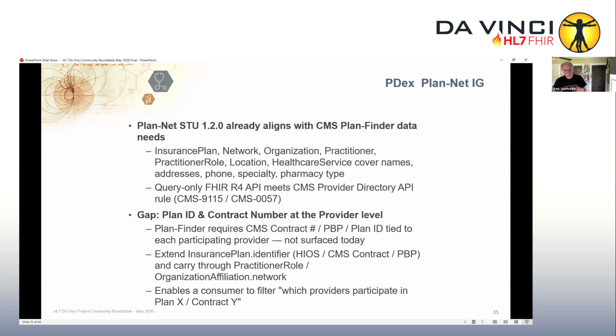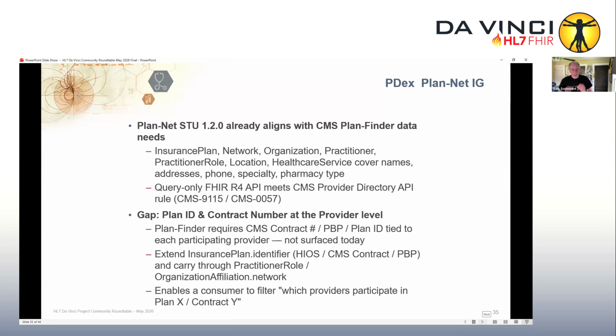The good news is if you've implemented the PlanNet STU, particularly the 1.2 version, it's been pretty stable, PlanNet has, you're in a very good position to be able to meet the CMS requirement, either by taking the resources that you've got in the FHIR API and putting them into basically NDJSON and publishing a manifest.